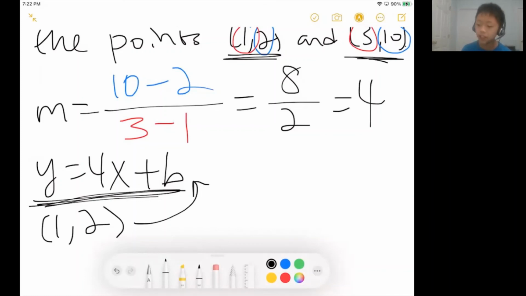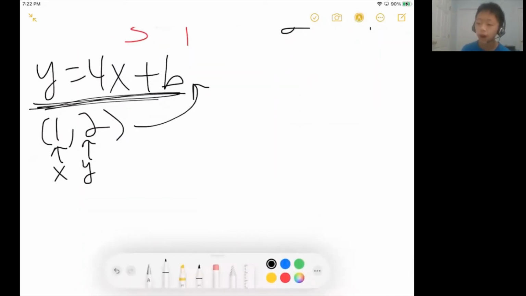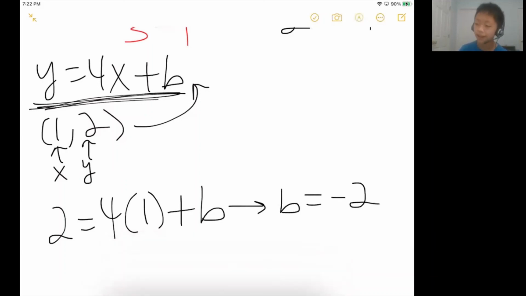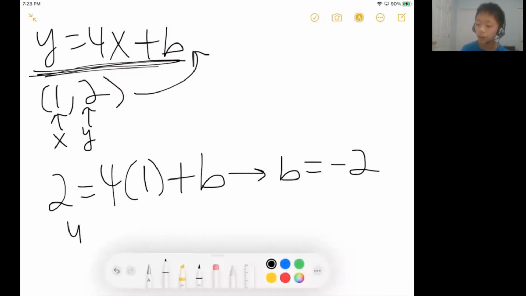In this case, x is equal to 1 and y is equal to 2. So if I plug in 2 for y and 1 for x, then I get 2 equals 4 times 1 plus b. I can solve for b, and from here I get b equals -2. So now I found the value of b, which means the equation of the line must be y equals 4x minus 2.